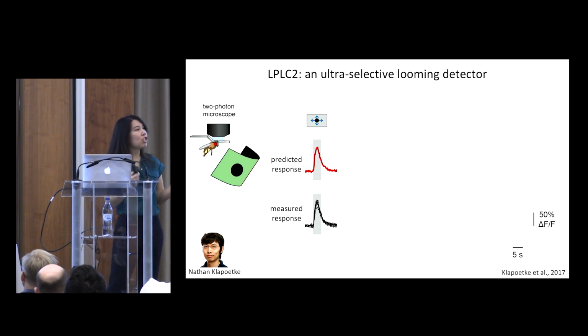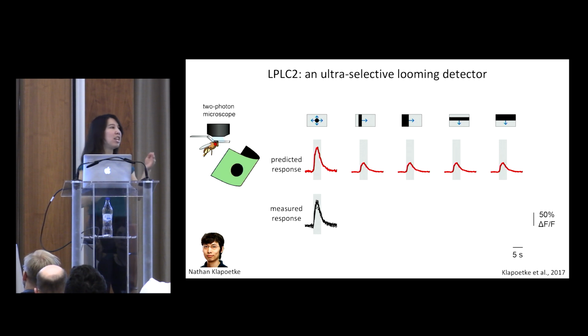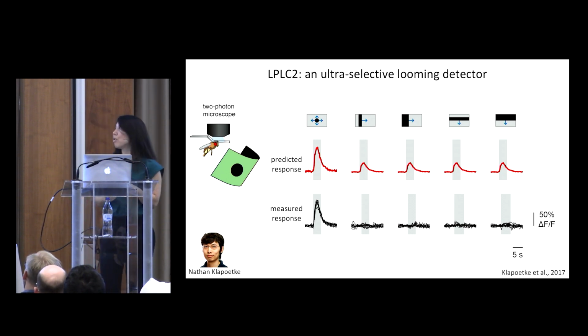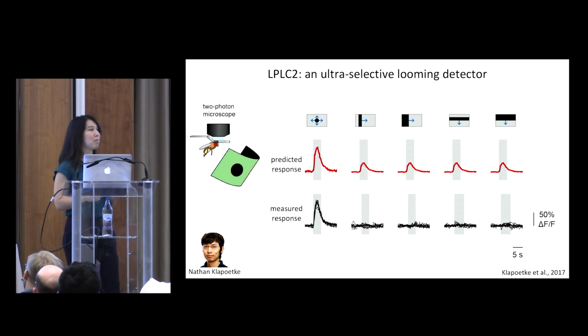But from the morphology alone, and presuming simply excitation, one would imagine that motion itself in any one of the directions, not requiring a loom, should also excite this neuron a little bit. And that's not what he sees. In fact, he found that the LPLC2 neurons are able to reject this extraneous noise and be what he calls ultra-selective for looming stimuli in particular.